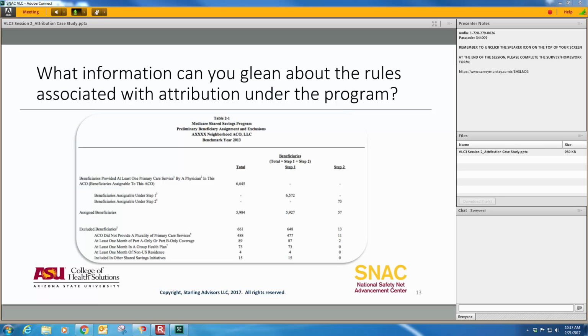That's correct. And a note that we put was that this data could help us prepare to reach out to the excluded beneficiaries who are receiving a plurality of primary care services elsewhere. Right. So, yeah, that's a great point.